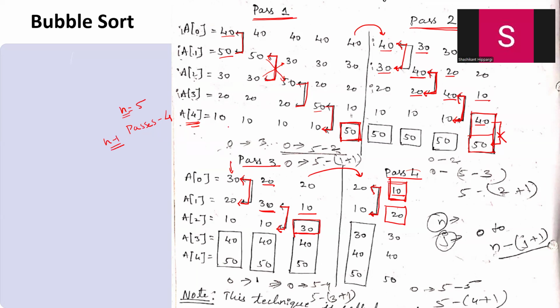Just to understand the logic behind this bubble sort, I'm going to clear out this screen and we'll consider this example in detail.